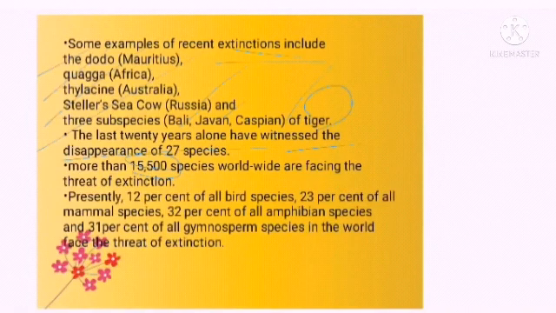Presently 12% of all bird species, 23% of all mammal species, 32% of all amphibian species, and 31% of all gymnosperm species in the world are under threat of extinction. So they are all facing danger. These numbers you have to roughly keep in mind, because they may ask for one-word answers. In that case you should know.